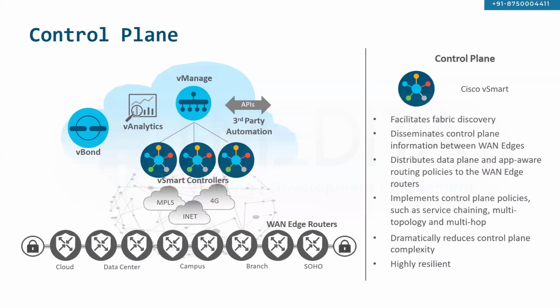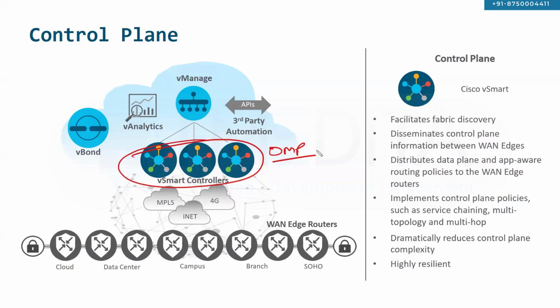Now remember, since vSmart controllers are working as a control plane, OMP is also a routing protocol. But remember that OMP is not just a routing protocol, it also does many other things, right? That's why OMP stands for Overlay Management Protocol.